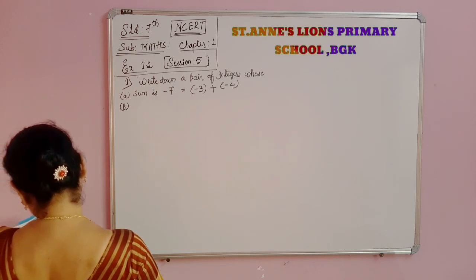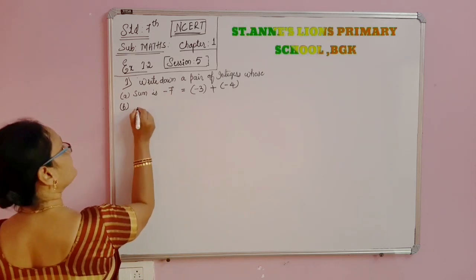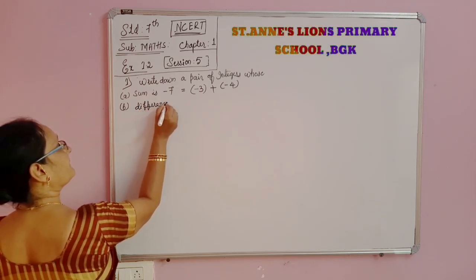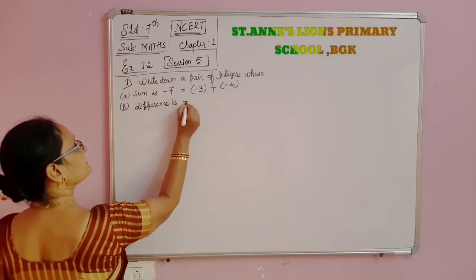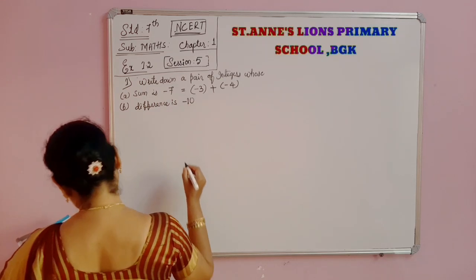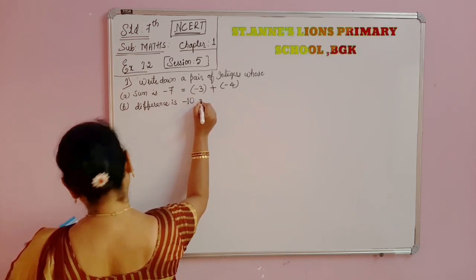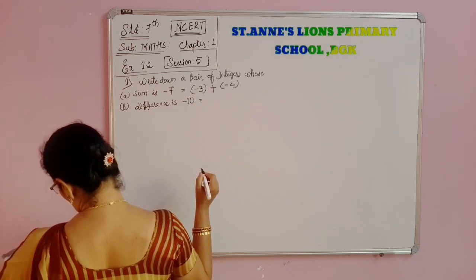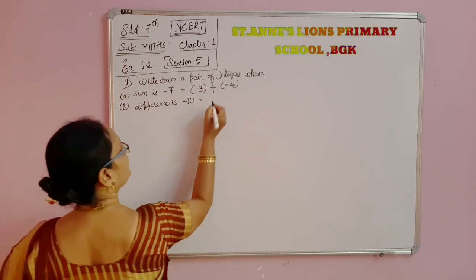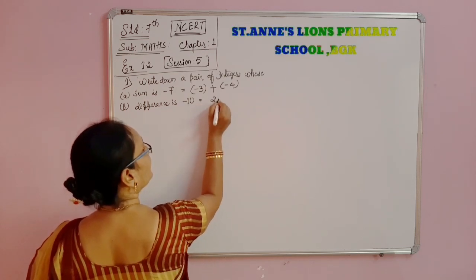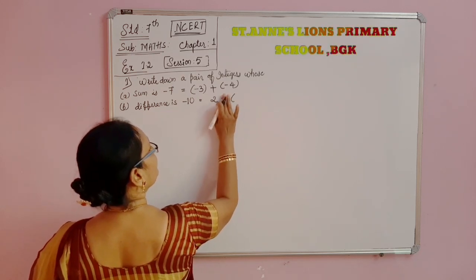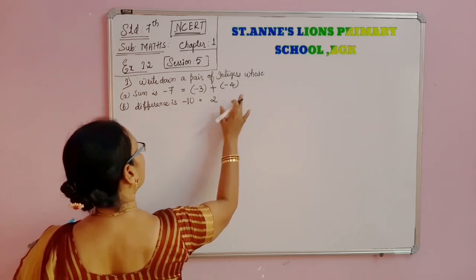B. Difference is minus 10. What kind of numbers we have to choose here? A pair whose difference is minus 10. Now we will take one number, any number. Sorry, here they asked the difference, so you should not take the plus.